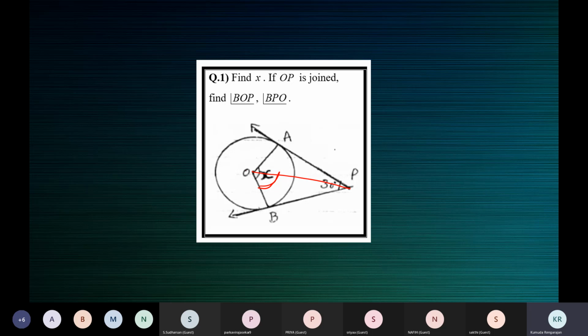AOB is 150. So this angle BOP will be 150 by 2, 75 degrees. And BPO, this full thing is 30 degrees, so 30 by 2, 15 degrees.